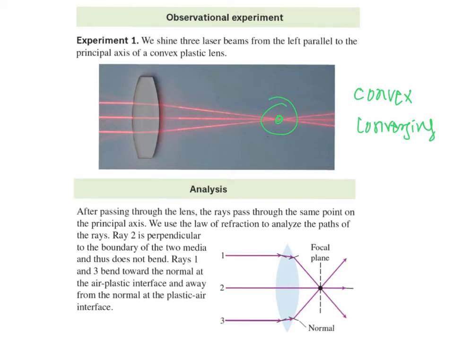In that sense, a convex lens is very similar to a concave mirror, because if you remember, a convex mirror could only create a virtual image, but with a concave mirror we could create either a real or a virtual image, depending on where we place the object. So in this case, a convex lens would be able to create a real image.